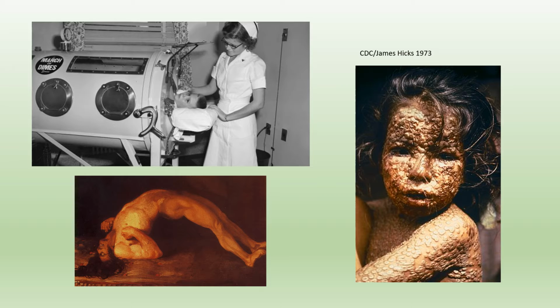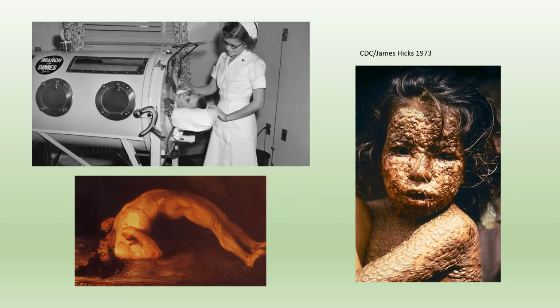So, when we talk about all of these different vaccines, we're talking about ways to prevent some of the most horrific diseases that we've ever seen. In the upper left, we have a child who had polio and is in an iron lung.